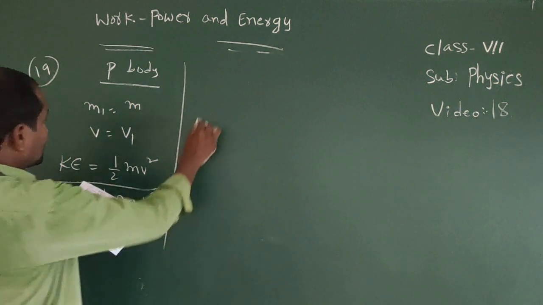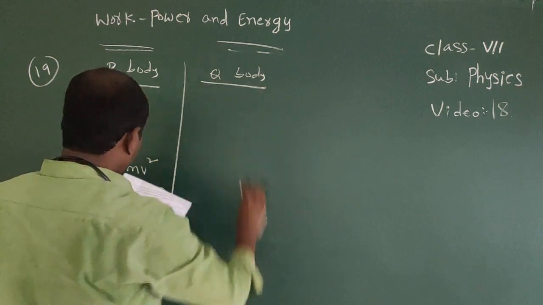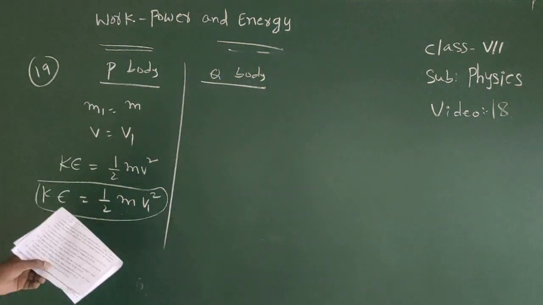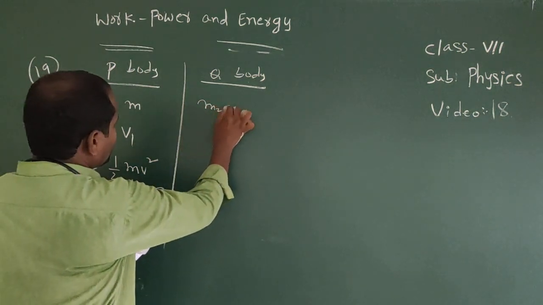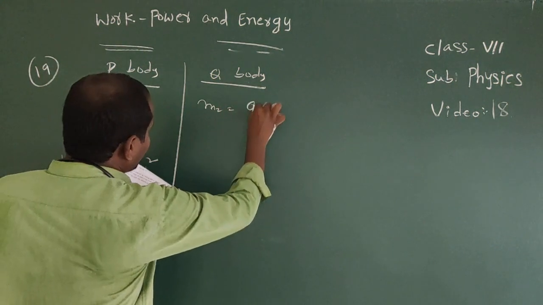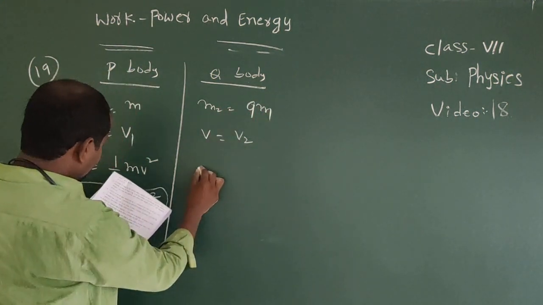Next, the Q body. Its mass is 9 times that of P. So M2, the mass of the Q body, is equal to 9m. Velocity V equal to V2.